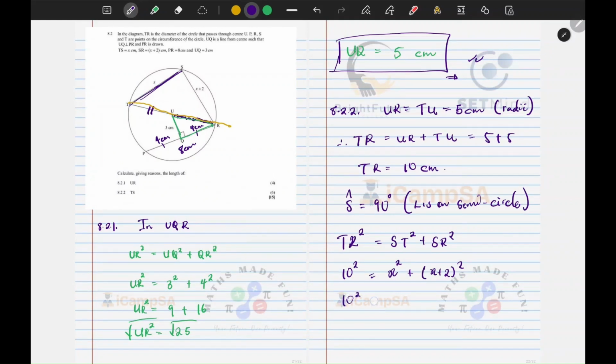So we have 10 squared is equal to x squared plus, this is going to be a square of a binomial, x plus 2, x plus 2. We still have 10 squared, x squared, plus x squared plus 2x plus 2x is going to be 4x plus 4, right? And then now, basically, this is us solving for x.